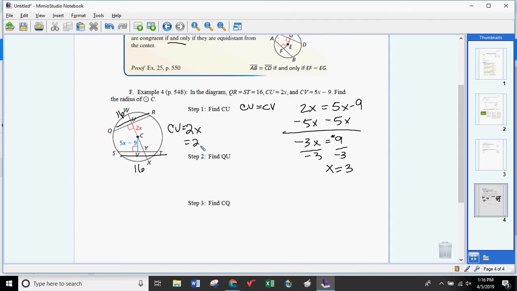Now I'm going to plug that back in, and CU equals 2x, so it will equal 2 times 3. So that means CU is 6 units long. Okay, now find QU.